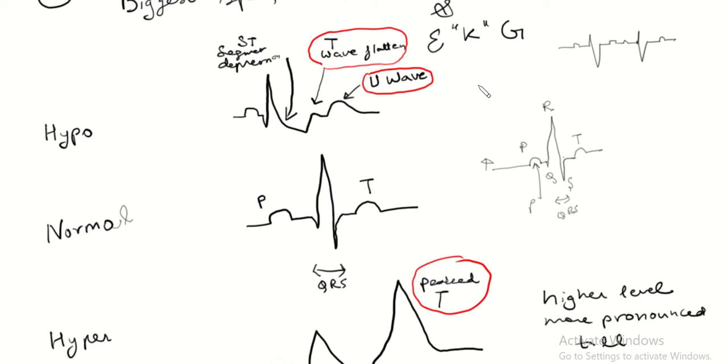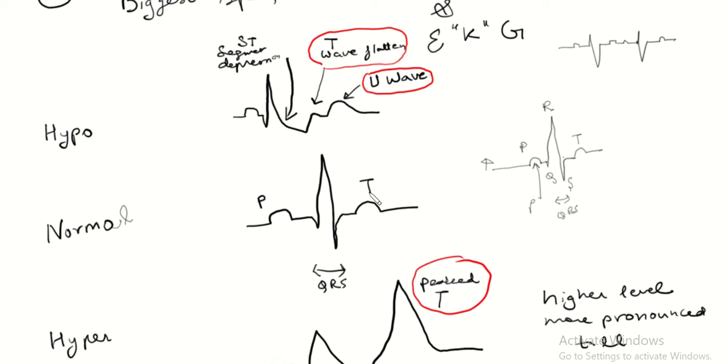Okay? These are some very basic changes. So again, I am going to share with you what those changes look like on EKG. I want you to know it, and I want you to recognize it when you see it on EKG, especially when you are through the EKG lecture.